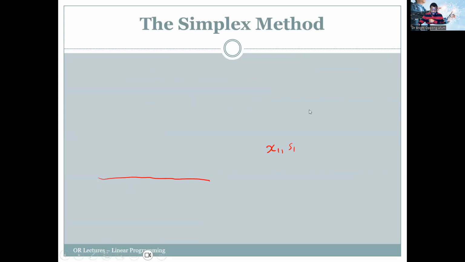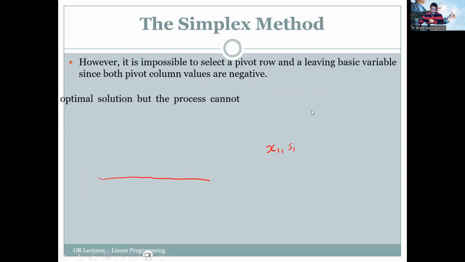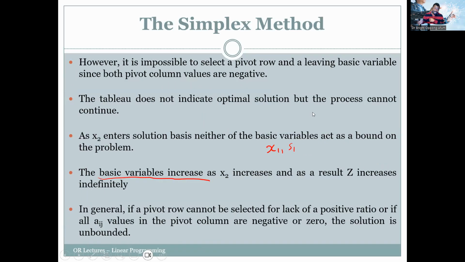So in this example, is it s1 and s1? Yes. So x1 and s1 increase as x2 increases, right? And that means that the z function will increase indefinitely.